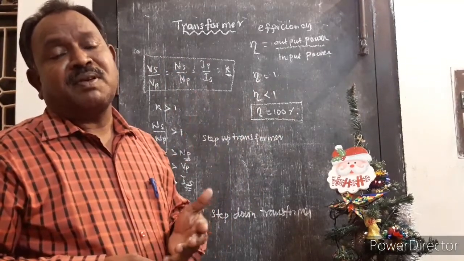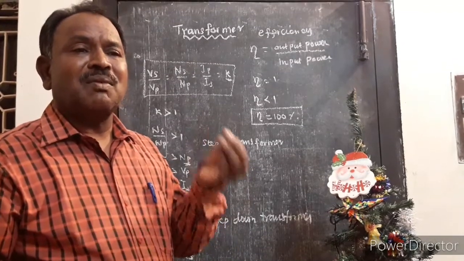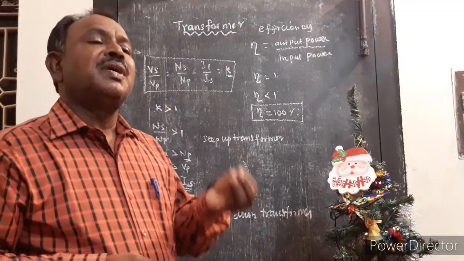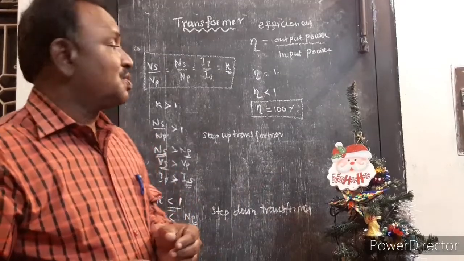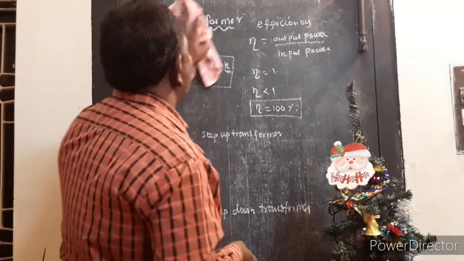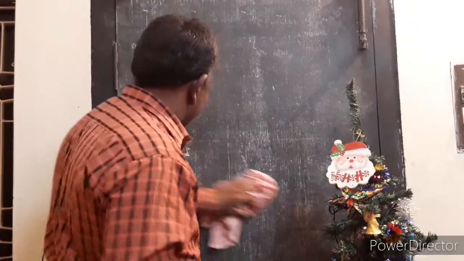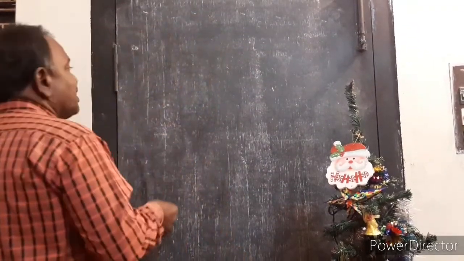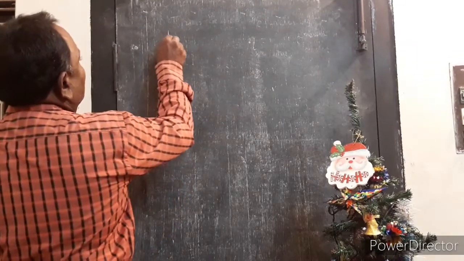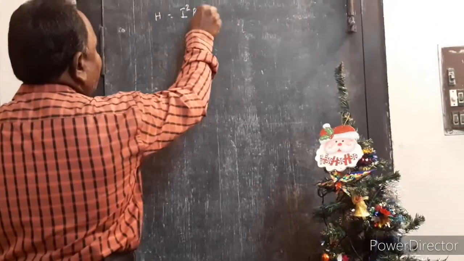When electric power is sent through transmission lines, usually there occurs some loss due to Joule's heating effect. According to Joule's heating effect, heat produced when current flows through a conductor is given by I square R T. So H is equal to I square R T.